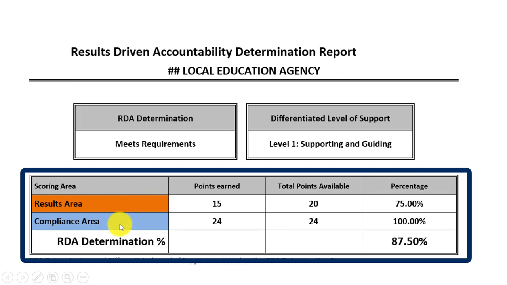We will go into those in more detail. These are the points earned, the total points available, and then the percentage. And then the RDA determination is just an average of the results area and the compliance area. Each of those areas is weighted at 50%, so it's simply the sum of the 2 percentages divided by 2.